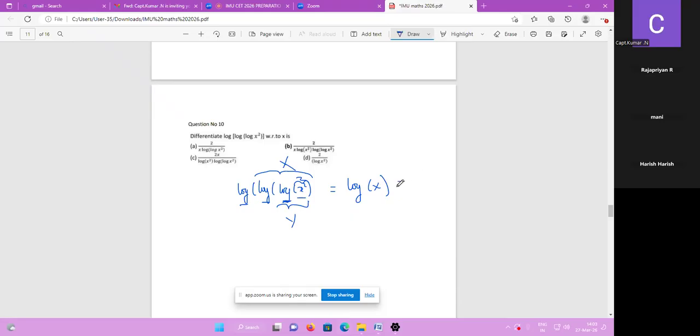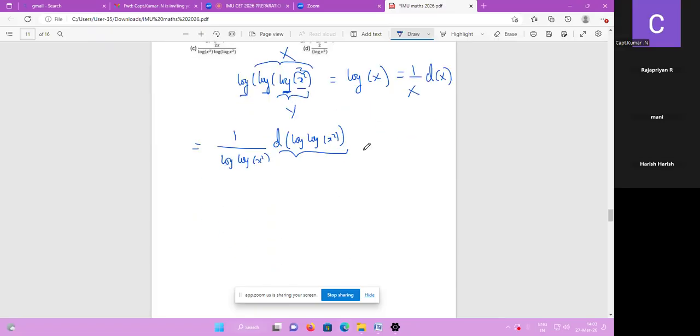The derivative of log of X will be 1 by X and the derivative of X. So it's nothing but 1 by log of log of x square, and I am differentiating my X. What is X? Log of x square. Now this remains untouched, so I have to work on this.